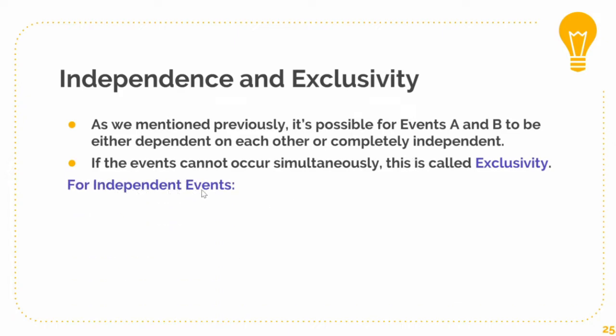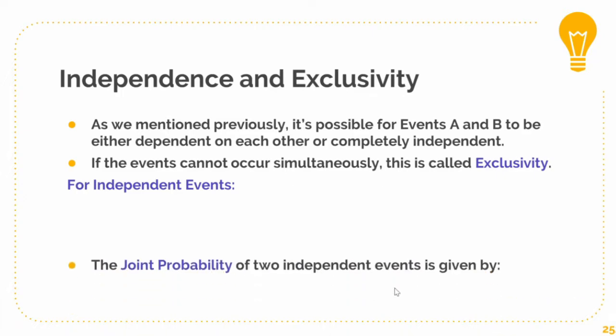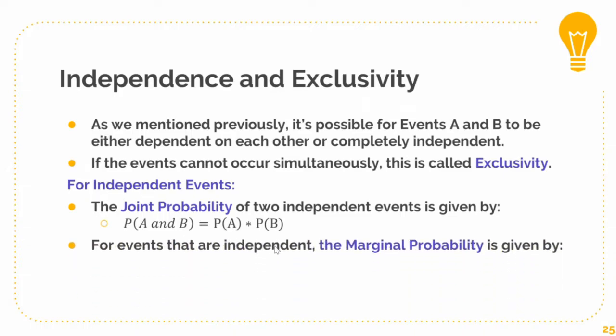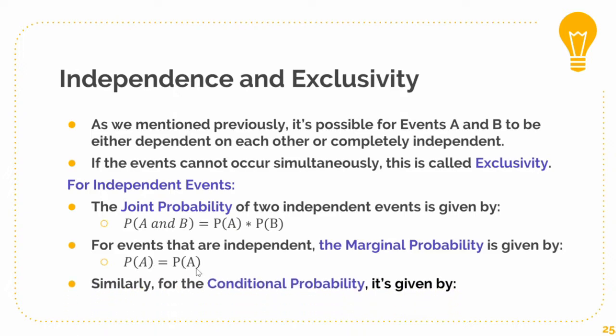However, if they're independent events, they're not exclusive. So the joint probability of two independent events is given by this. And for events that are independent, the marginal probability is given by P of A is equal to P of A. And similarly, for conditional probability, if you want to get the probability of A given B, it's equal to P of A. These are all applicable for independent events.